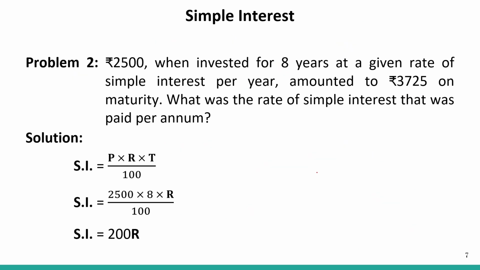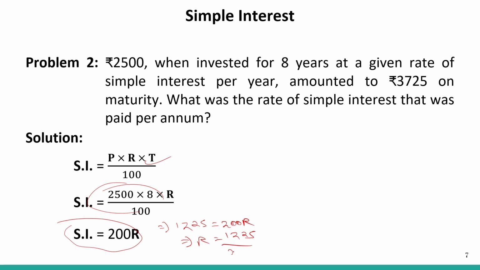We have used this formula, SI is equal to PRT by 100, and solving it further down, what we are left with is SI is equal to 200 into R. SI is 1225, right? This implies that 1225 is equal to 200 R, so R is equal to 1225 by 200.